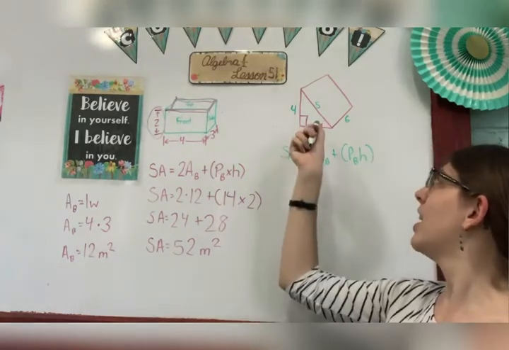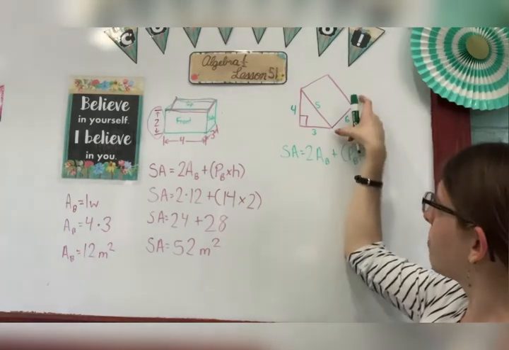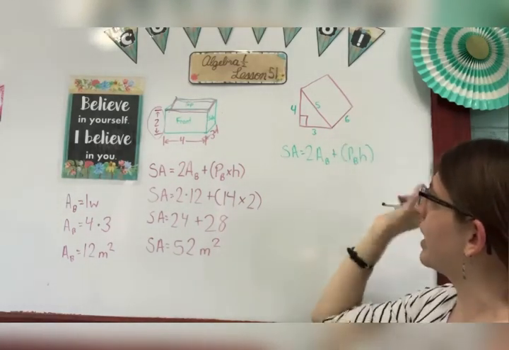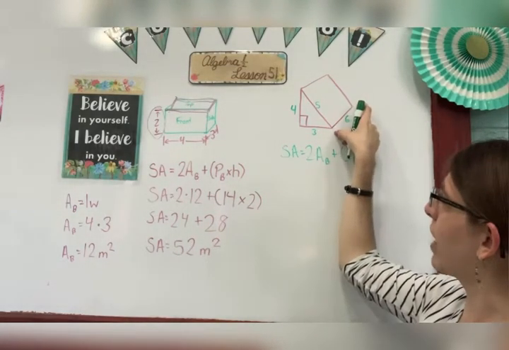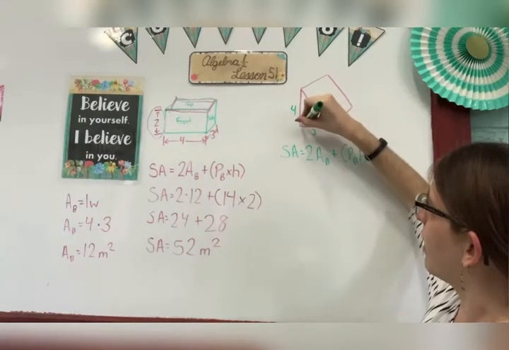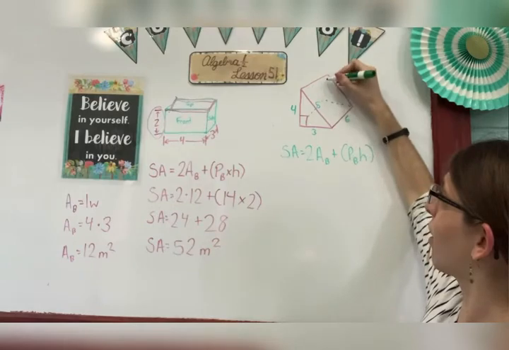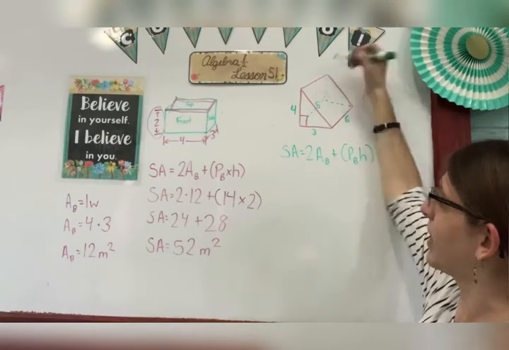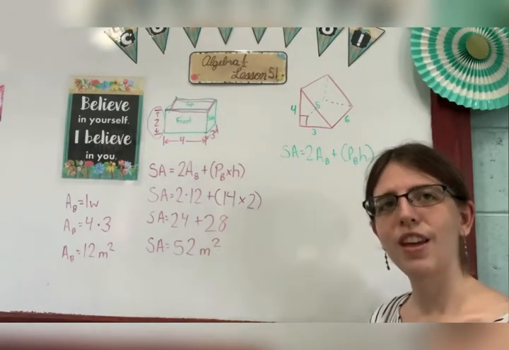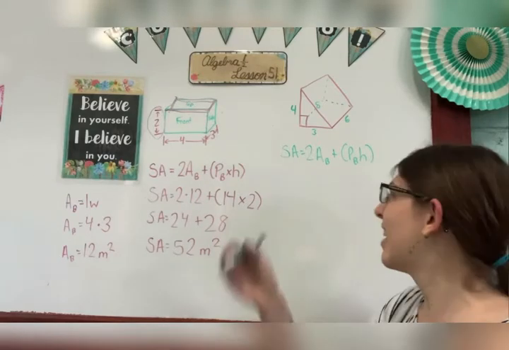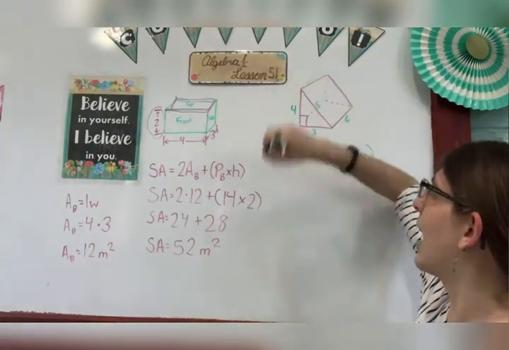So if I say that the bottom of my prism right here is the base, it's going to be a rectangle down here, okay, because it looks like this on the other side. It's a rectangle here. Is it a rectangle up top here? No, it's a point. There's not even a shape here. It's just a line.